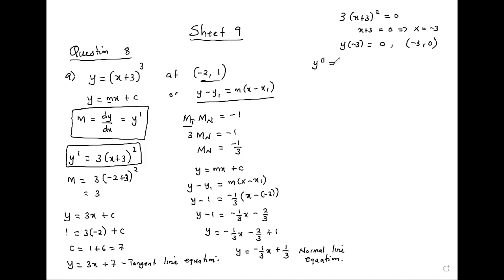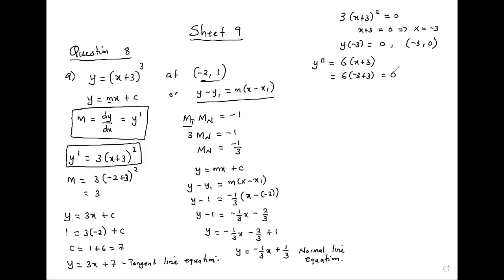So we also have this view. In the previous questions, we did a test using the first derivative. Now here we also have an exposure to the second derivative test. So y prime prime is going to be 6(x plus 3). Now in this derivative, where there is x, we put -3. We get 0.